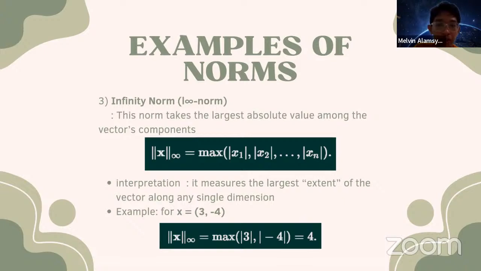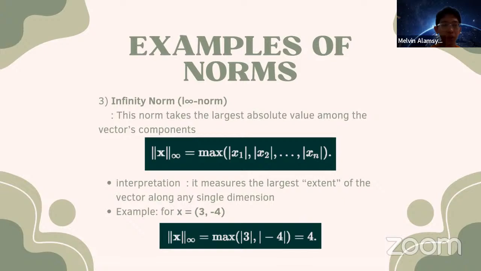So the infinity norm has the interpretation that it measures the largest extent of the vector along any single dimension. For the example here, I put x, whose values are 3 and minus 4.